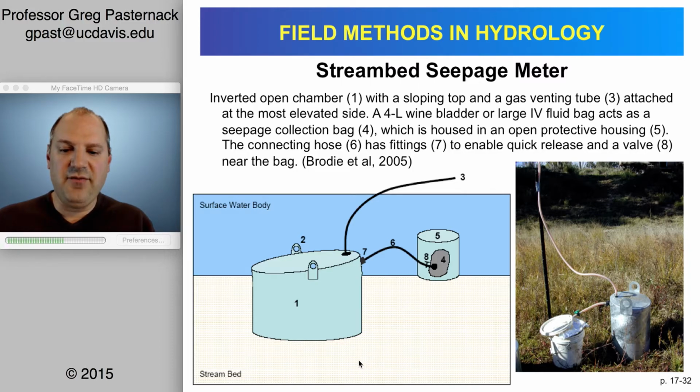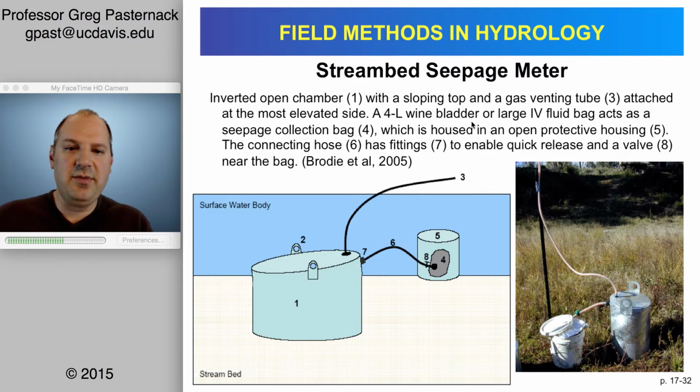If water is being gained by the river from the subsurface, the water goes into this bucket, then the water will go into the bag, and you would see the bag inflating over time. Alternately, if it's a losing stream, then water inside this sealed area will be infiltrating down into the subsurface, and water in your bag will diminish.